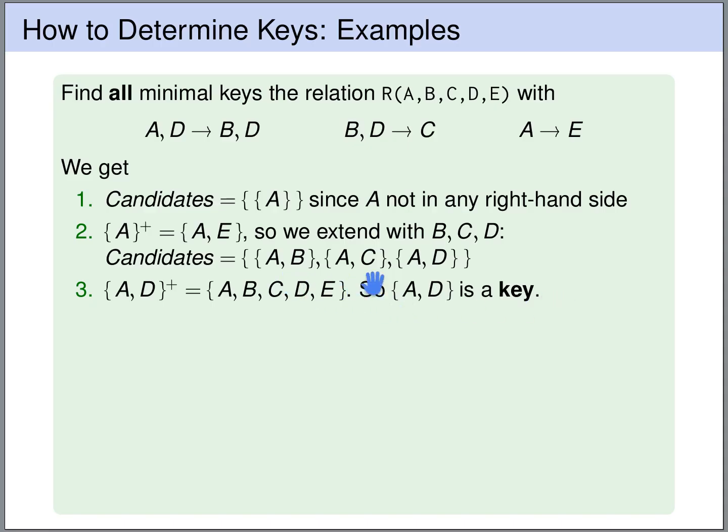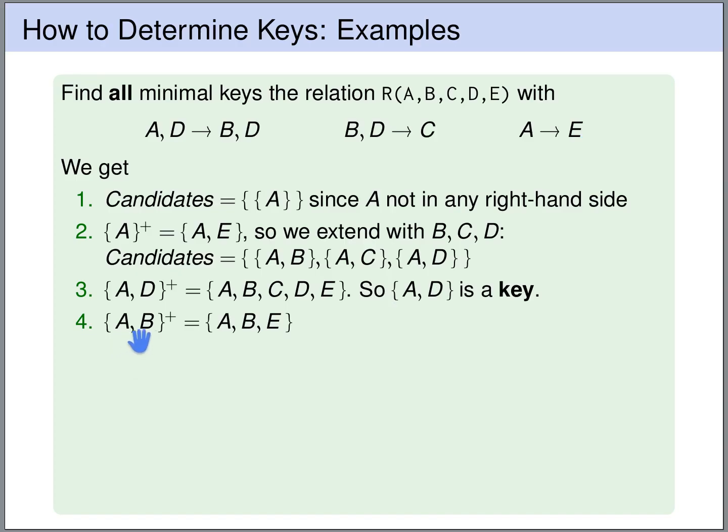Next, we have 2 candidates left. We have AB and AC left. So let's look at AB. We compute the cover of AB. What do we get? This is not applicable. This is not applicable. AE, this one is applicable. So this is the only applicable one. So as a cover, we get ABE.